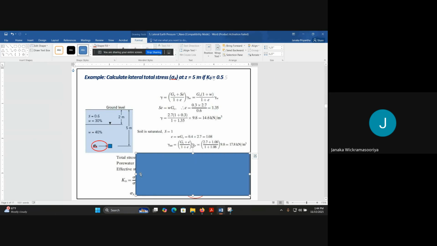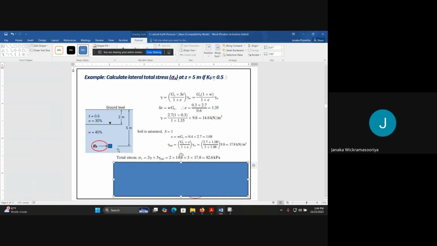Right, then what we can do is find the total stress at this particular point. The total stress, sigma z at this point, is gamma h of this particular region plus this particular region. The gamma h or rho g h, the same thing. Rho g means gamma.